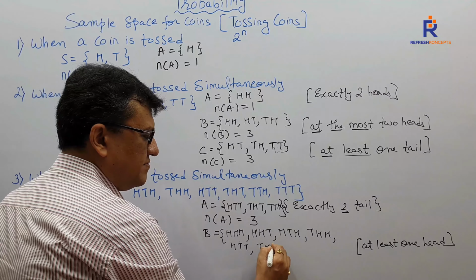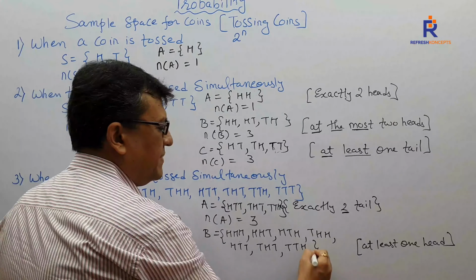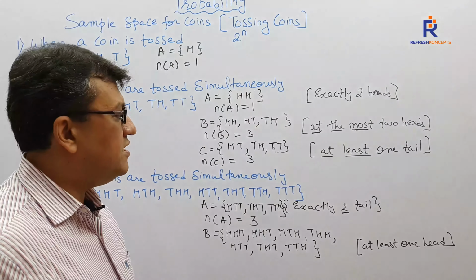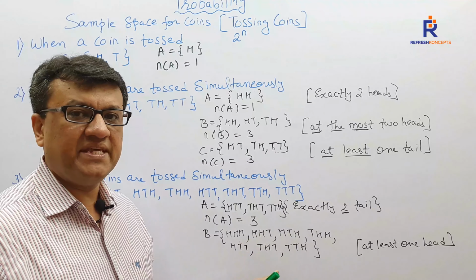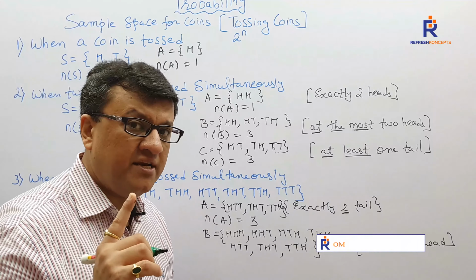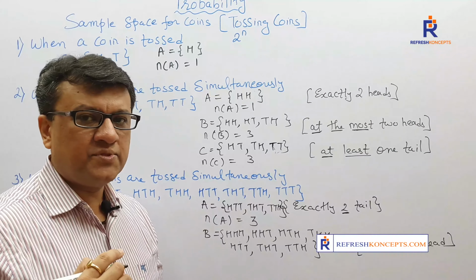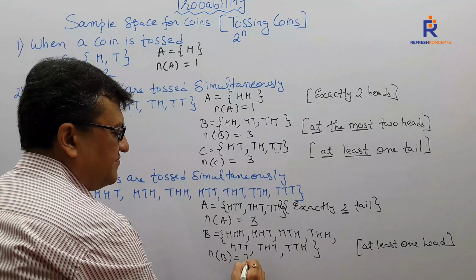THT? TTH? By this time there are many who must have given the answer also. Sir, leaving TTT, everything will be there. Leaving TTT, one head, so minimum 1, maximum 3. N of B is going to be 7.